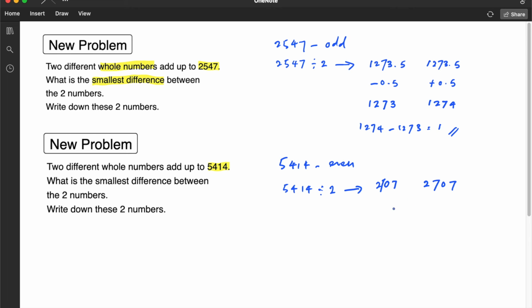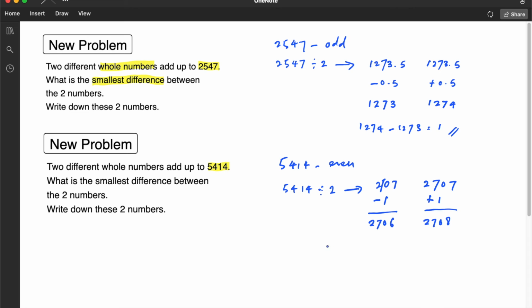So what can we do? Because we are interested in whole numbers, just like before, for the first one we minus 1. What do we get? We get 2706. And for the second number we add 1, otherwise they won't add up to 5414. So what do we get? We get 2708.